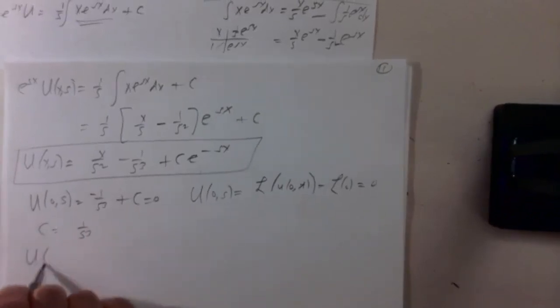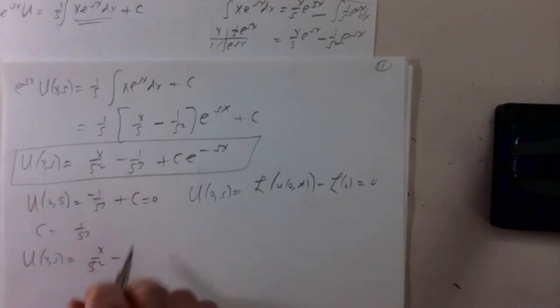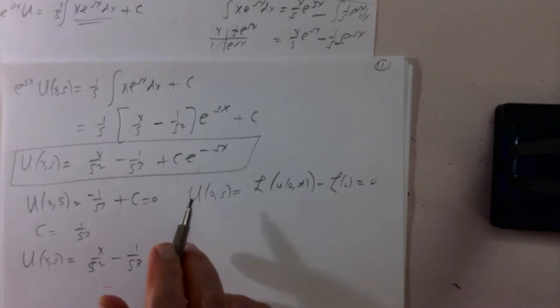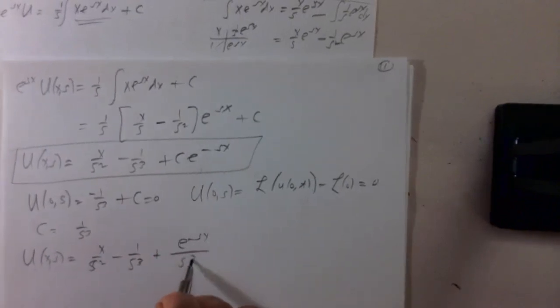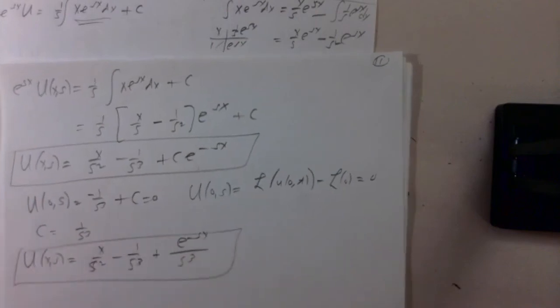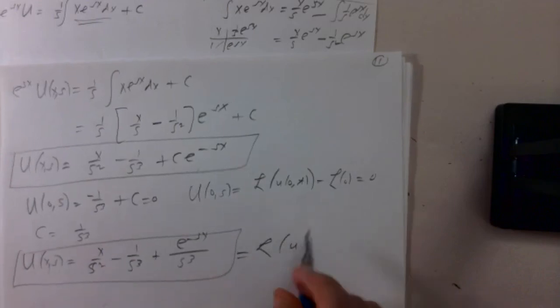So we get u of x, s is x over s squared minus 1 over s cubed plus e to the minus sx over s cubed. And this is the Laplace transform of u.